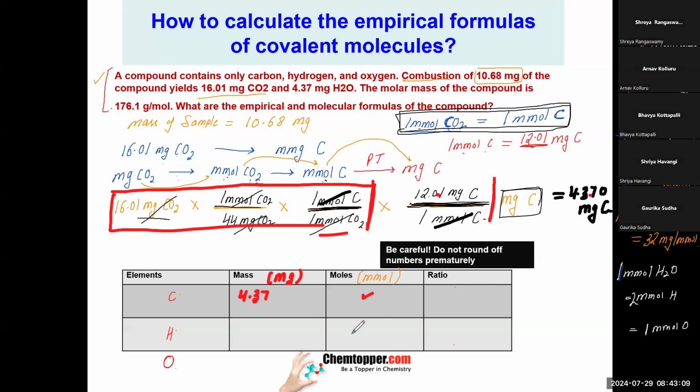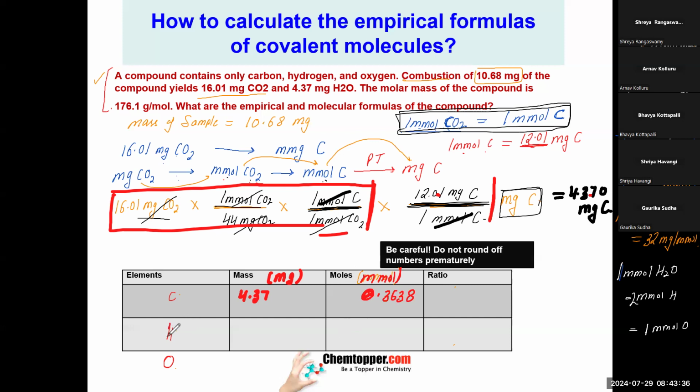I need this also, millimoles. Okay, this I need very accurate, more accurate, the way Shreya R has given, 0.3638.